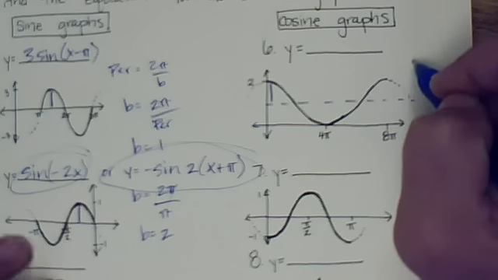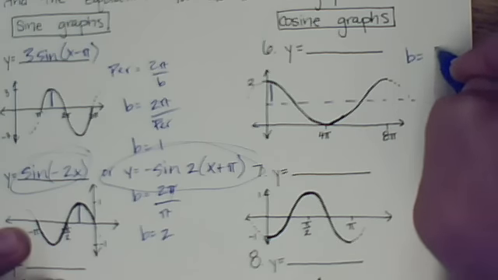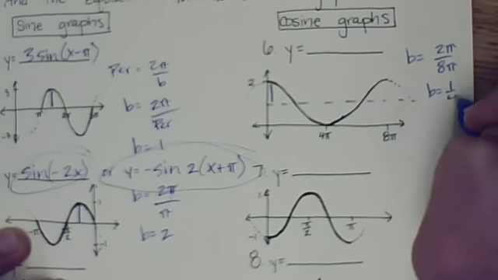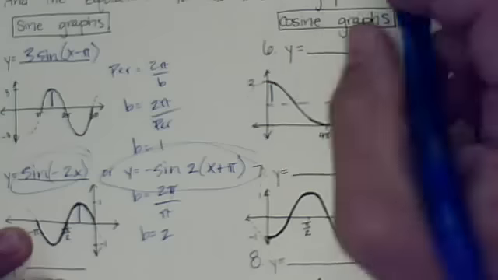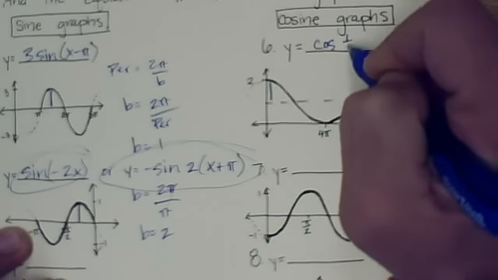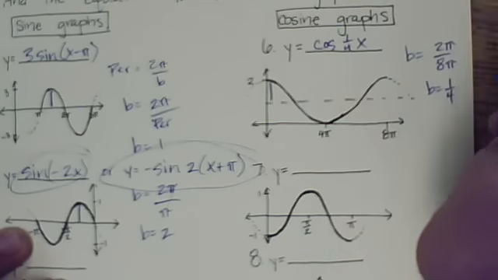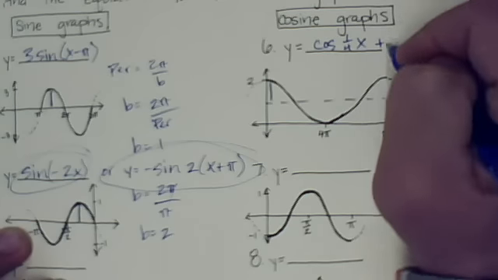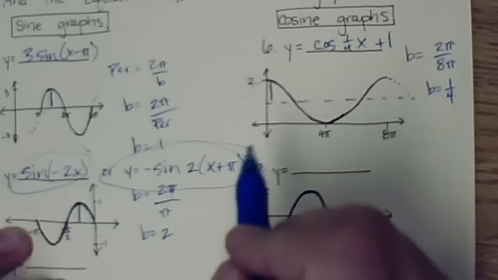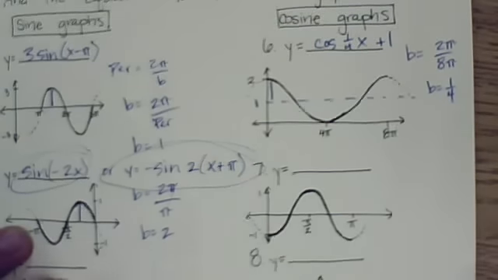So we can say that b equals 2 pi over 8 pi. So b is 1/4. So for this graph, we can say that it's cosine of 1/4 x, and then you need that plus 1 because this midline was on the x-axis, but now it's on 1.